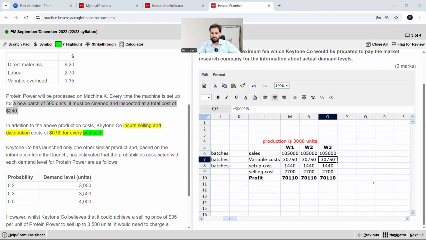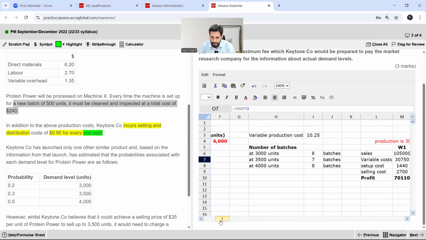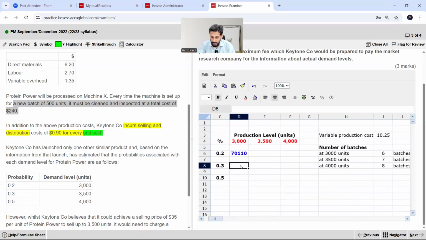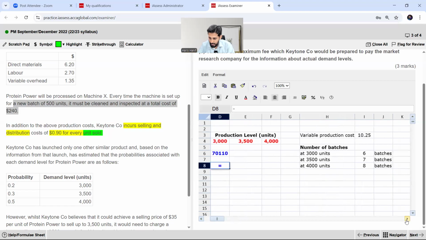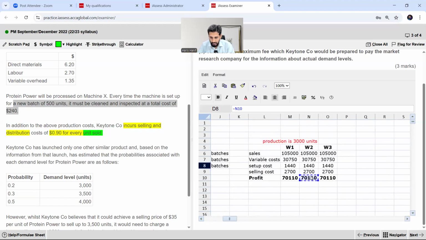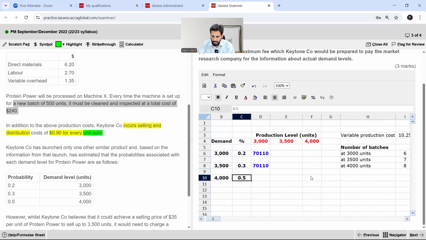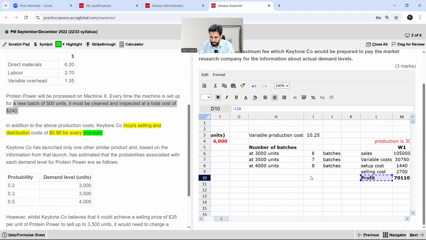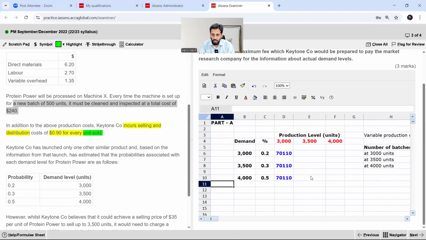Now let's move on. So here is equal to this third value. See that the figures with blue color represent your profit figures. Now production level 3500 units. What does it mean?